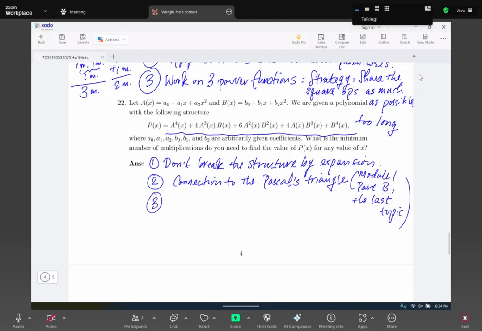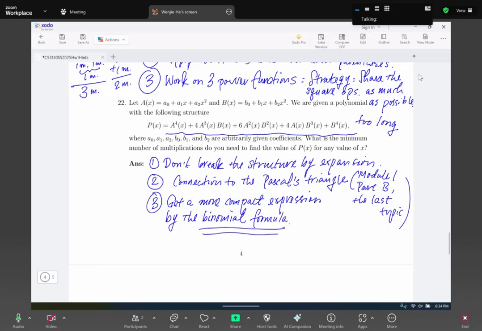So step 3, get a more compact expression by the binomial formula, because this binomial formula is related to Pascal's triangle.